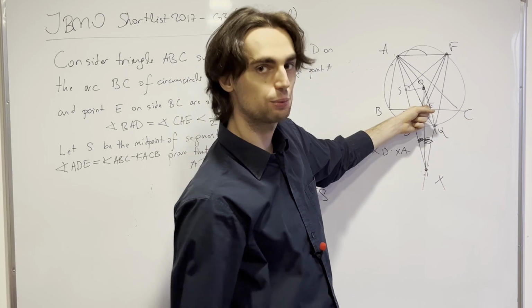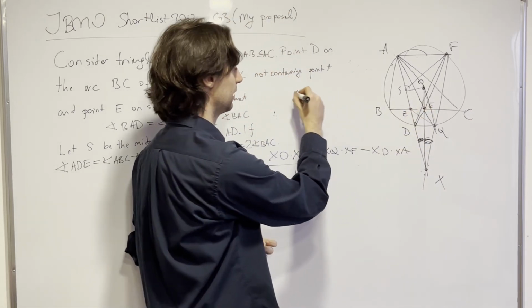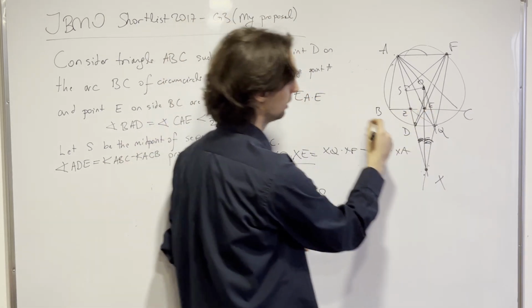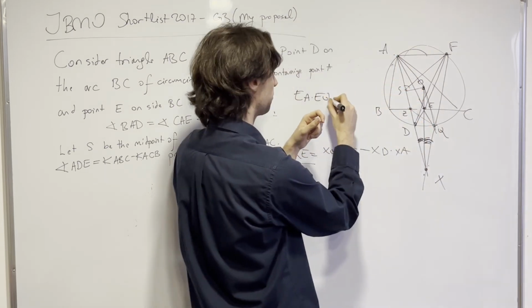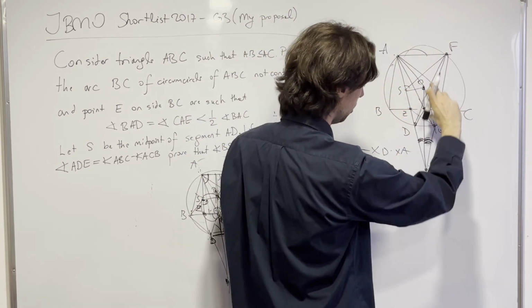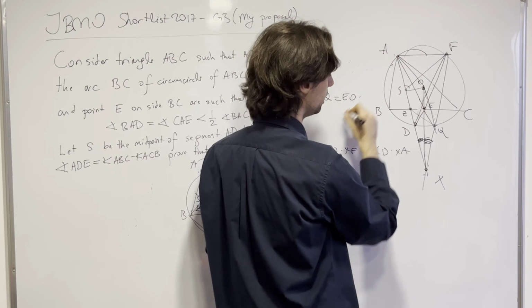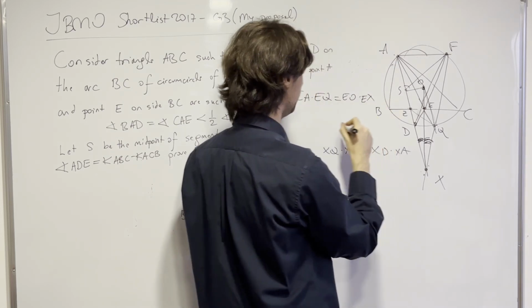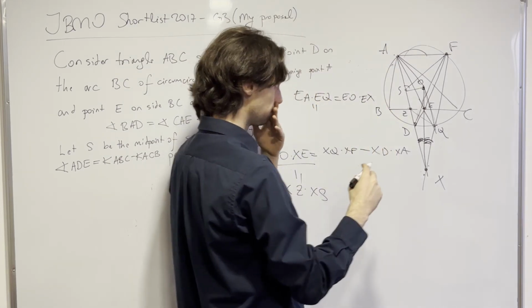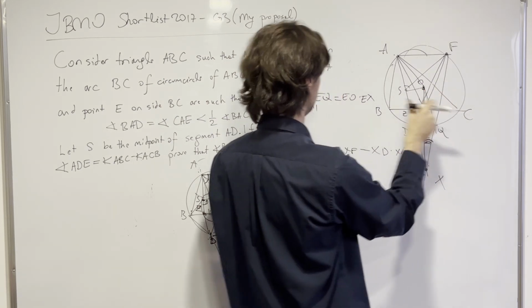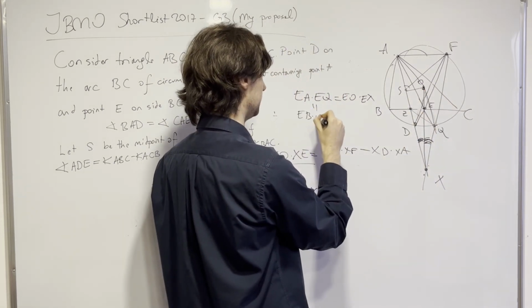And now from those concyclic points, what do you have? You have the power of a point with respect to E. EA times EQ is equal to EO times EX on one hand, and on the other hand this is equal to EB times EC.